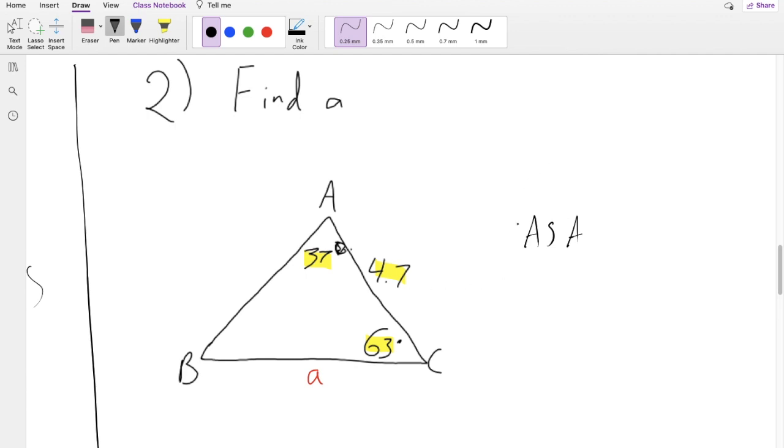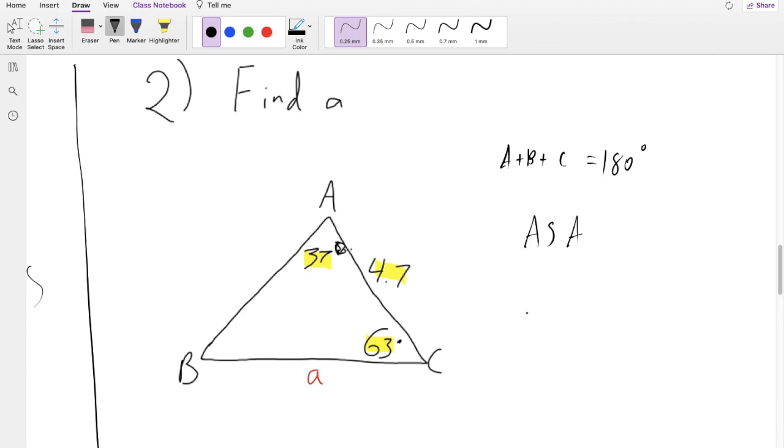When we're working with these angle, side, angle triangles, we need to remember that the interior sum of all angles is 180 degrees. So angle A plus angle B plus angle C is always going to be 180 degrees. We can use that fact to find out what angle B actually is.